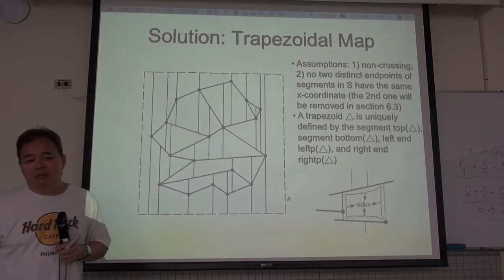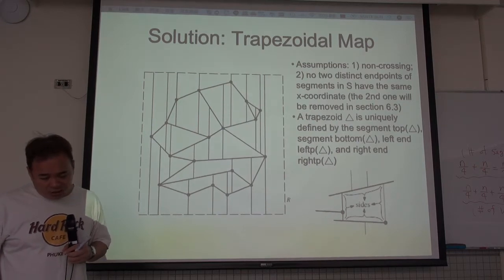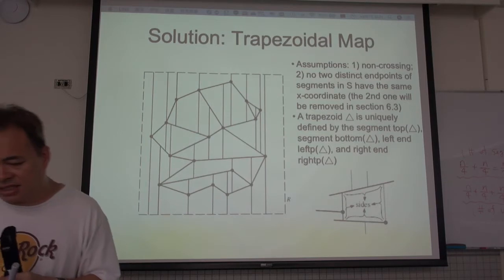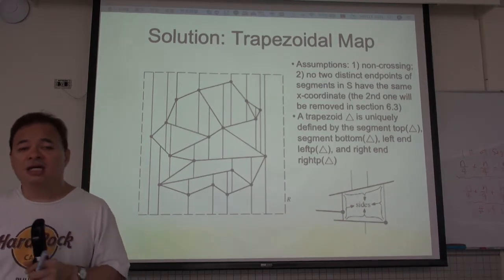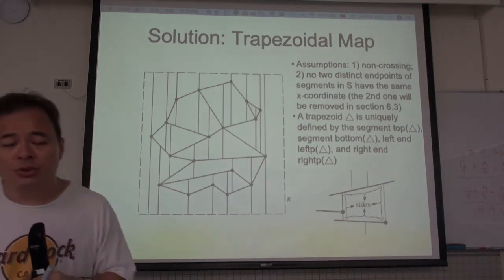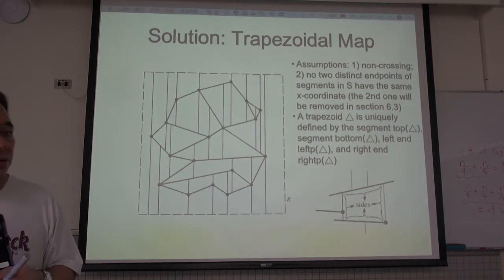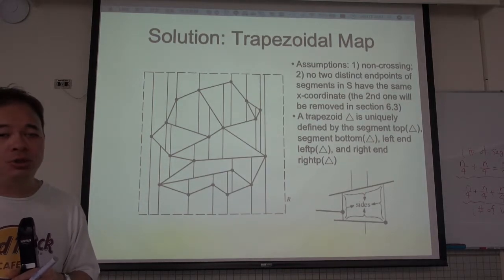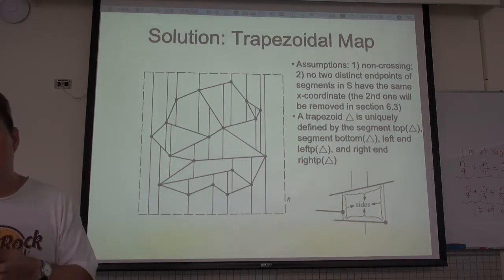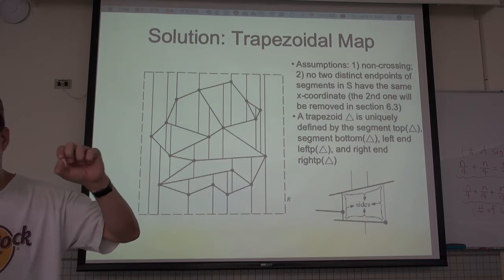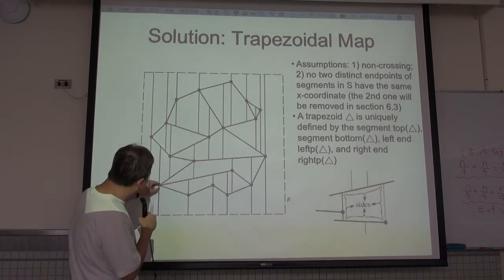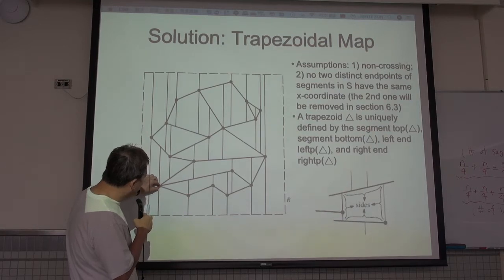The explanation I have for you is that you can consider the triangle as a degenerated trapezoid, when one of the sides, this left side, is shrinking into a point.